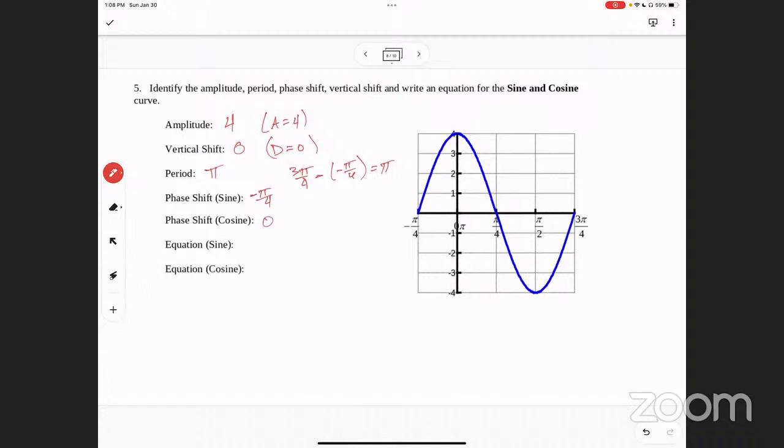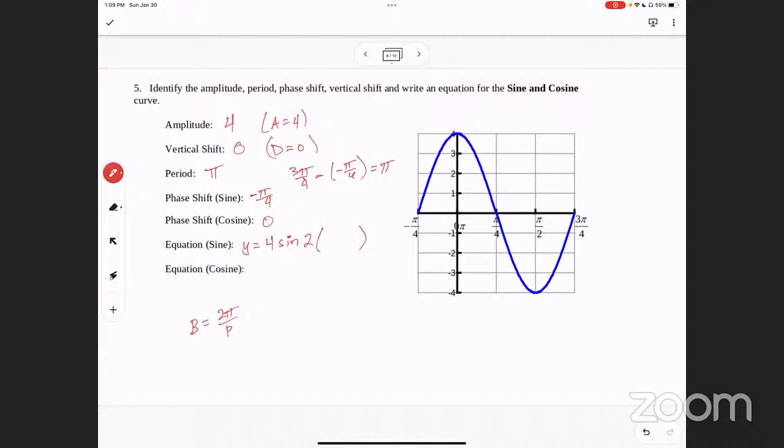So my equation for my sine graph is going to be y equals the amplitude times the sine of B, and B is going to be 2, right? Because remember, your B equals 2 pi over your period. So 2 pi over my period is just going to be 2. Got it?